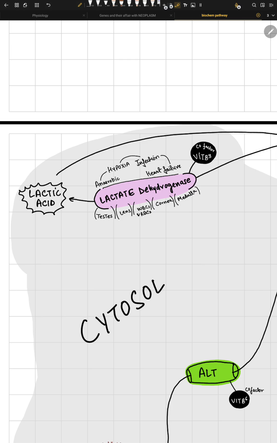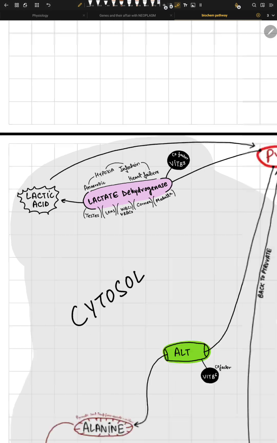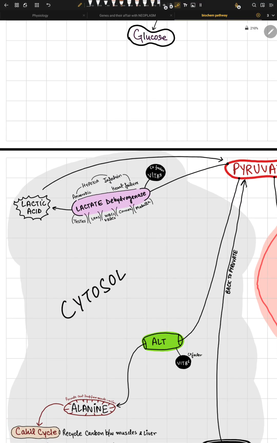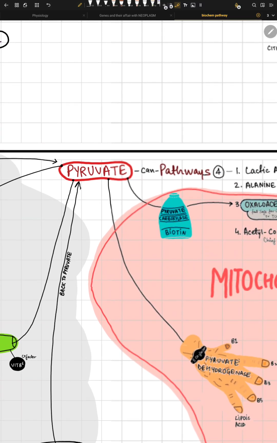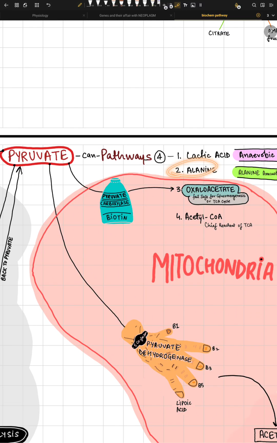So LDH keeps glycolysis alive by generating it. So that's the concept. In whole, this is an anaerobic condition. LDH is needed. LDH generates NAD+. Now later NAD+ allows survival under hypoxia, okay? That's the concept.